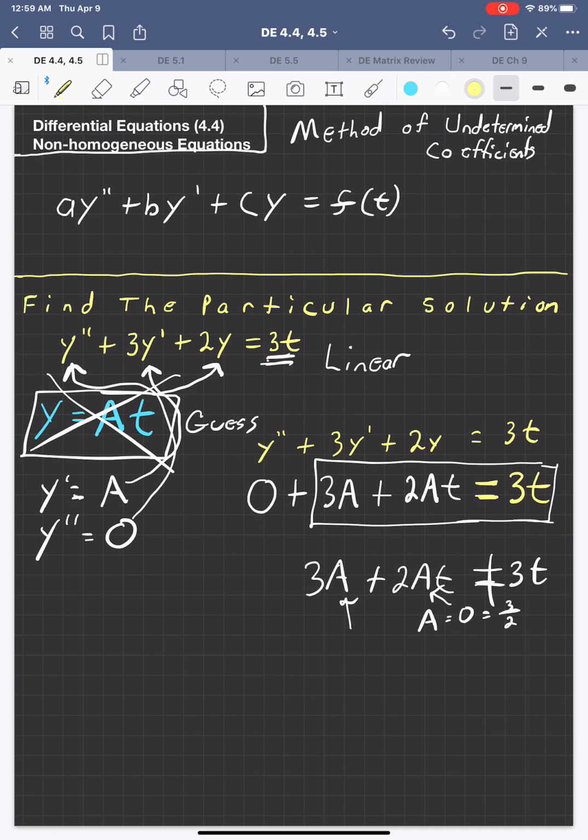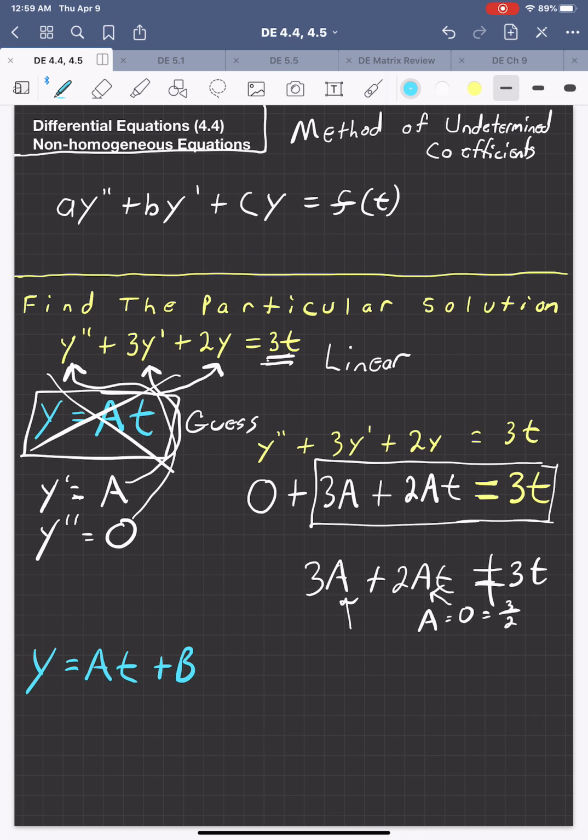Okay, well, let's get back to our guess here. So let's try, and this one will work. Let's try y is equal to, well, what else is linear? Well, how about at plus b, right? Now, that's still a linear equation.